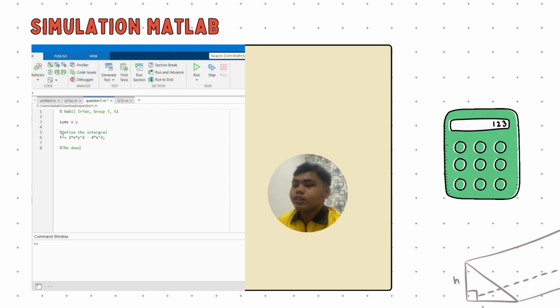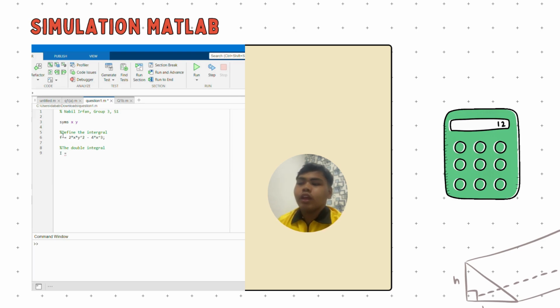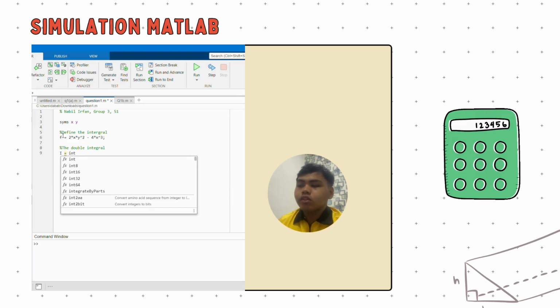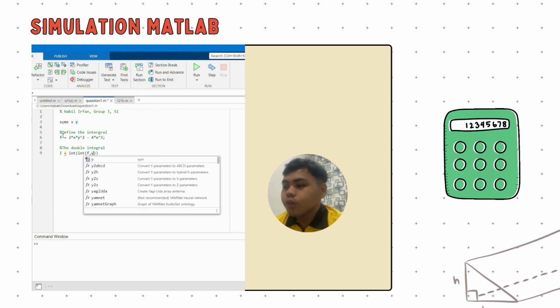And then the next line is to define the double integral, which is where the double integral will work.